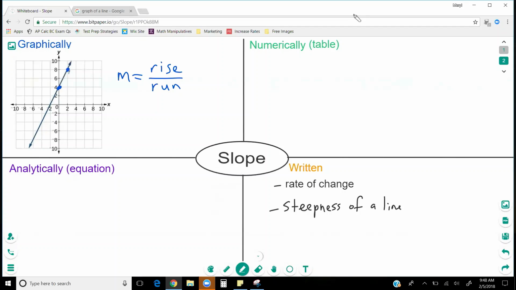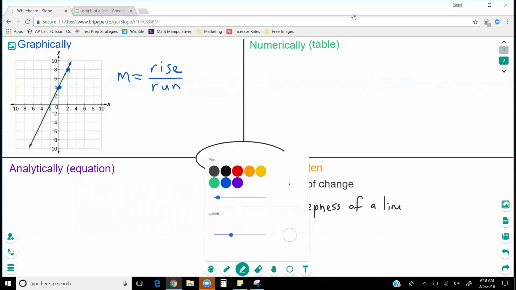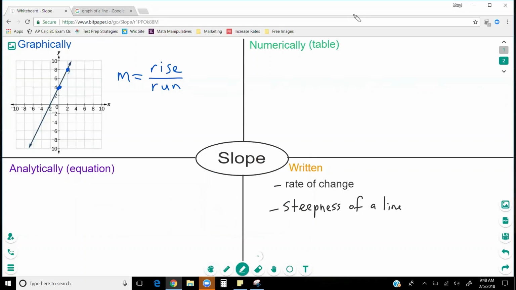So in between these 2 points, I want to figure out how much I'm rising. So rising is up. So I'm going up right here. And notice this graph actually goes by 2s. So from 4, here's up 2 to 6, up 2 more to 8. So that would be up 4, positive 4.